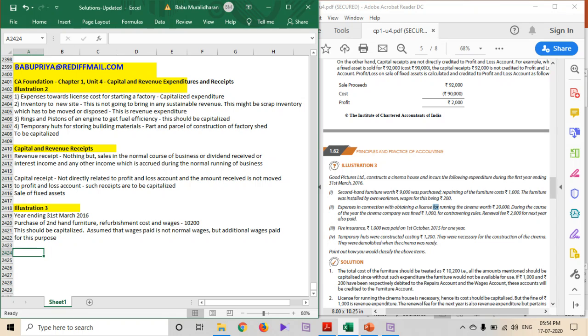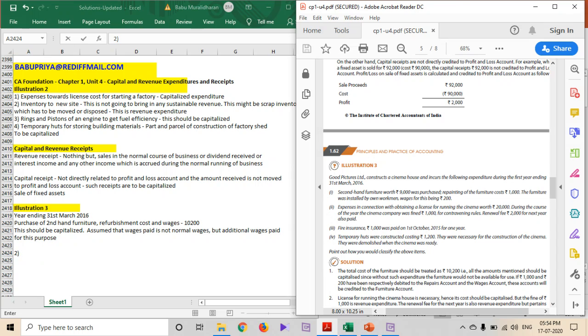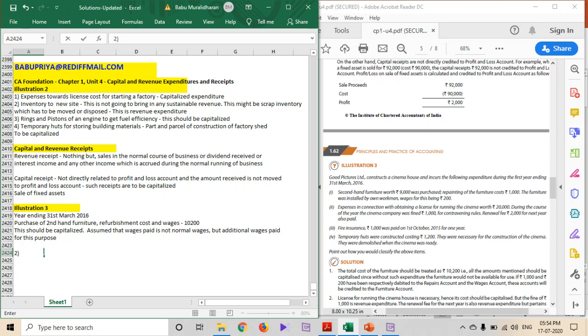Second one, expenses in connection with obtaining a license for running the cinema hall, which is 20,000 rupees. During the course of the year, the cinema company was fined rupees 1,000 for contravening rules. Renewal fees of rupees 2,000 for next year also paid. There are three items given here. License fees, as we saw in the earlier problem, are capitalized.